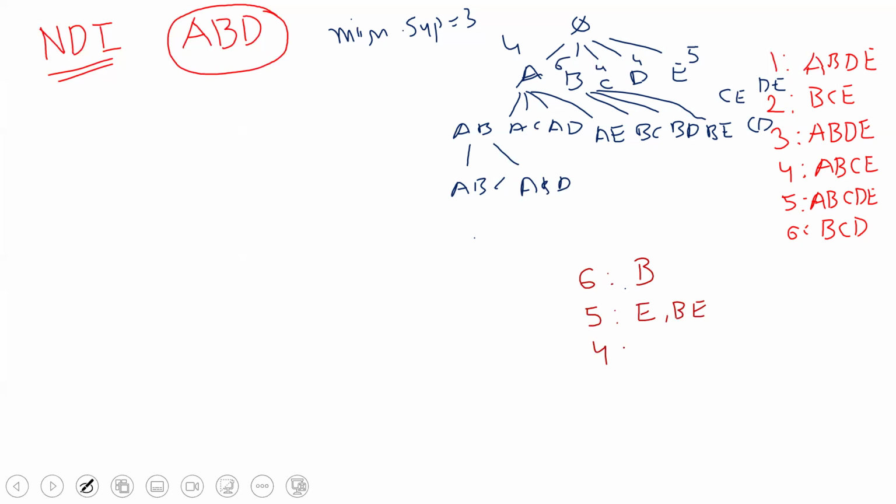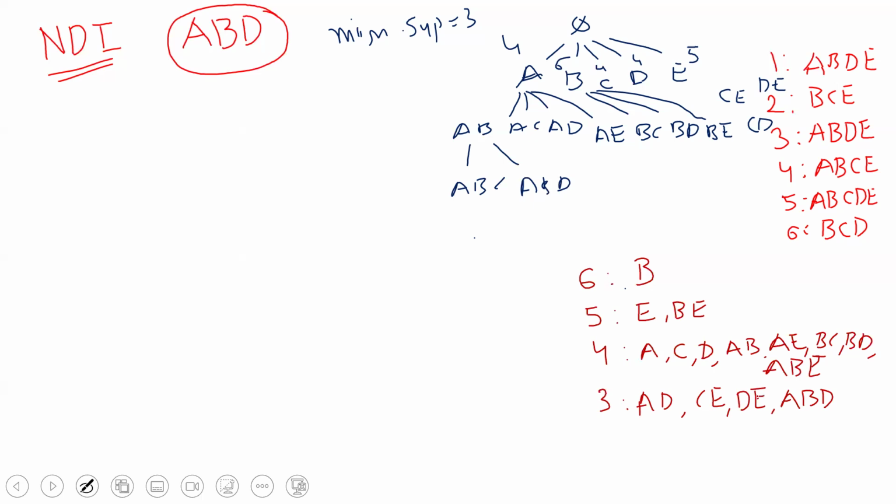For support of 4, the item sets are A, C, D, AB, AE, BC, BD, ABE. Now support of 3: AD, CE, DE, ABD, ADE, BCE, BDE, ABDE.